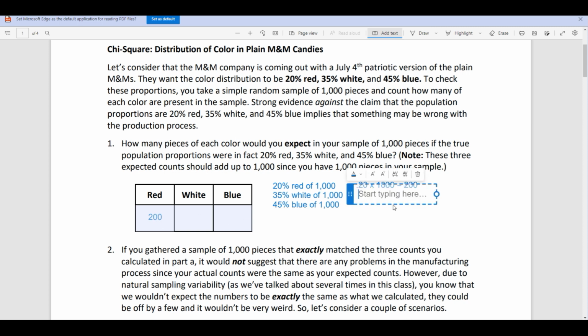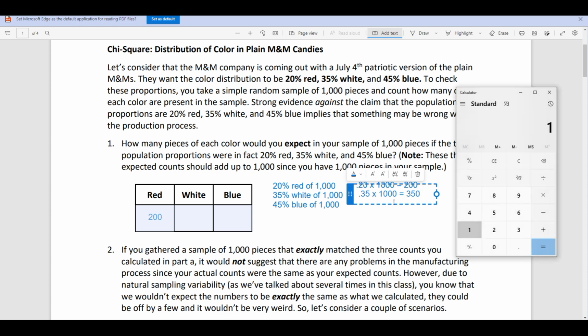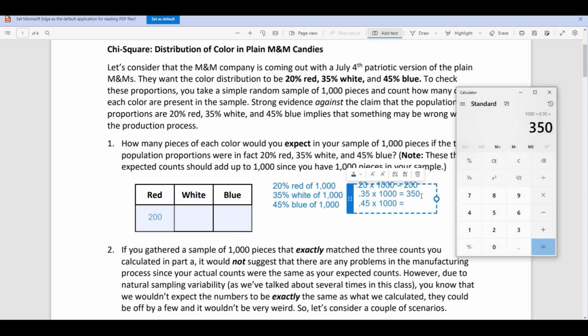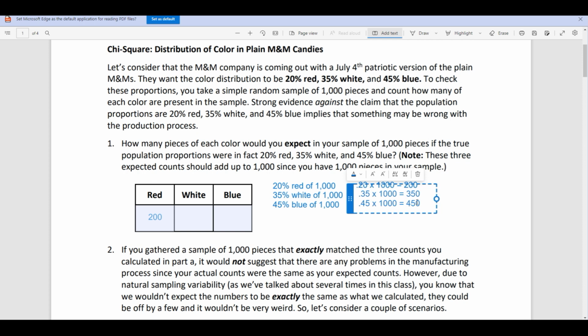Now we would do the same thing for white. 0.35, 35% times 1,000. And this is going to give us 350. And then we'll go ahead and do the same thing for blue. 0.45 times 1,000. And I already know off the top of my head it's going to be 450, but just to show you, here we go.